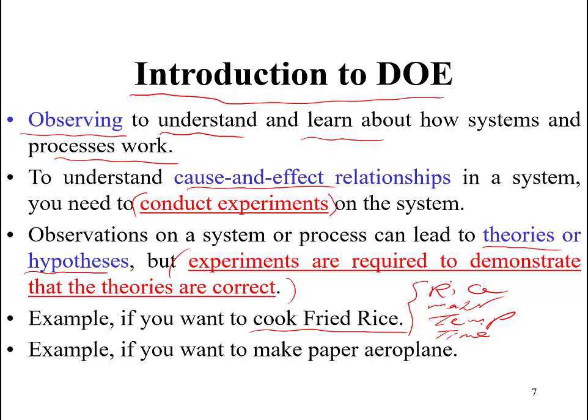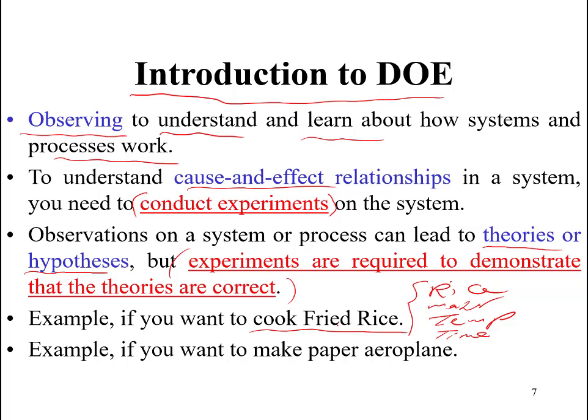In other words, the temperature is effective. Too high a temperature or too low a temperature may not be appropriate for cooking fried rice. So you need to optimize it. You need to find the appropriate temperature to have a good fried rice. This is what we call optimization.